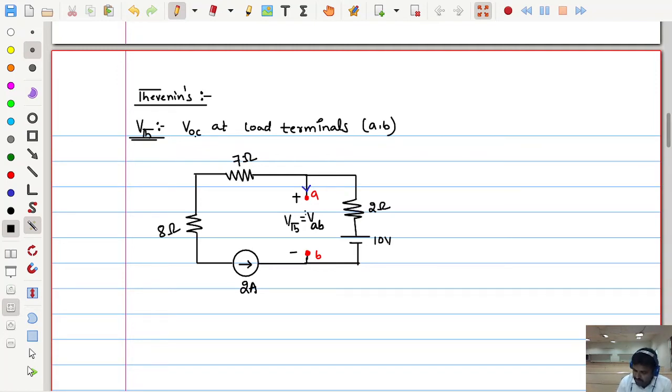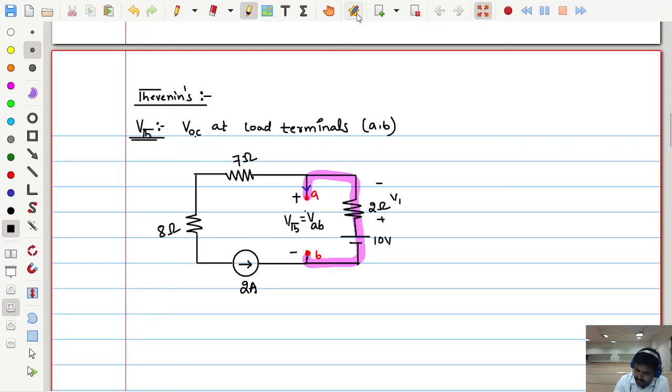How much is the voltage between AB terminals? Can we find? We can find it in many ways. You can see here that if the voltage across this 2 ohms is some V1, then let me start at A and reach B through this path.